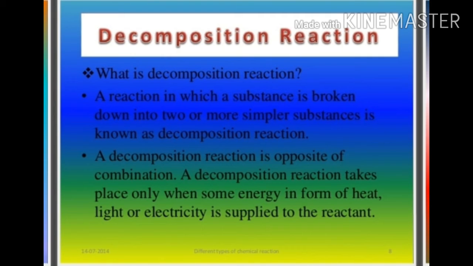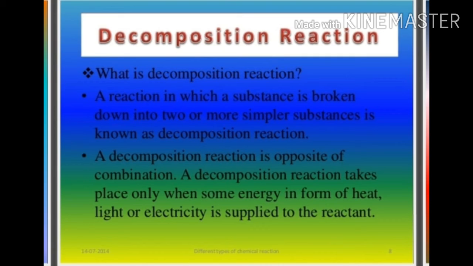In decomposition reaction, the reactant is one and the products are two or more. So here the single substance breaks down and produces two or more products. A decomposition reaction is the opposite of combination.